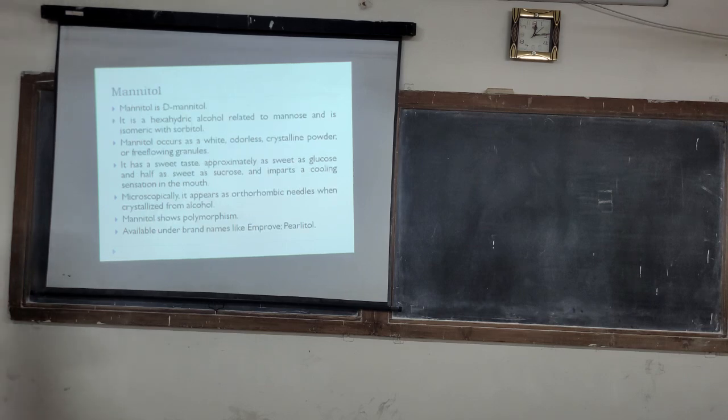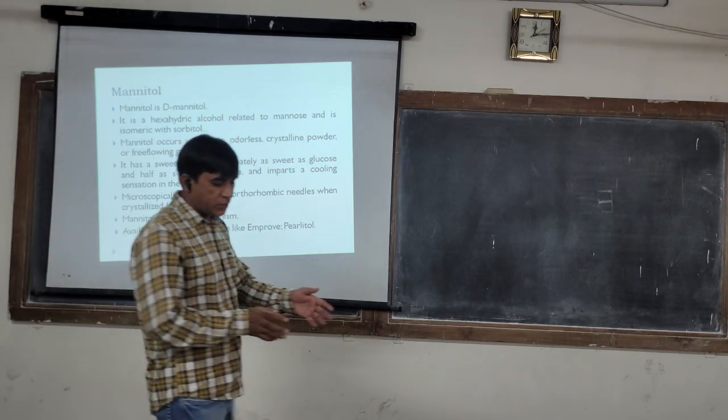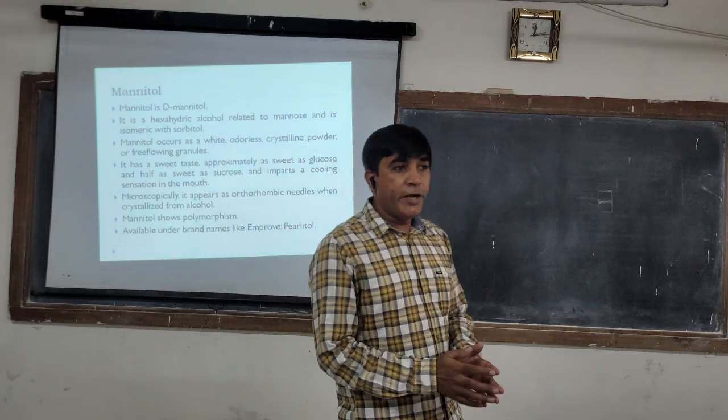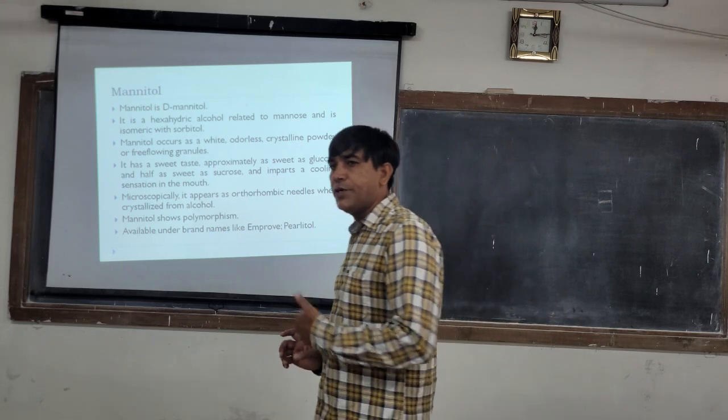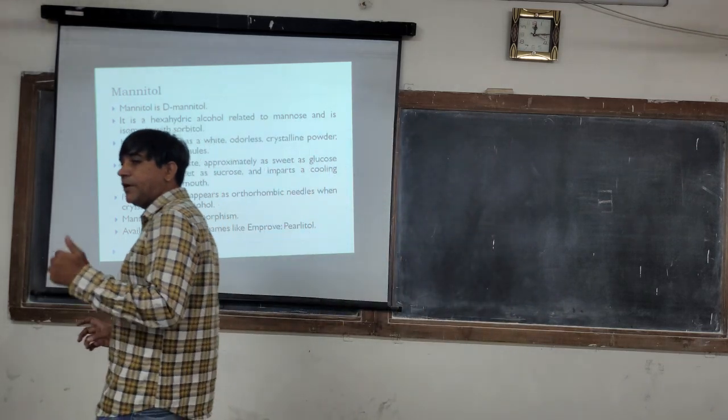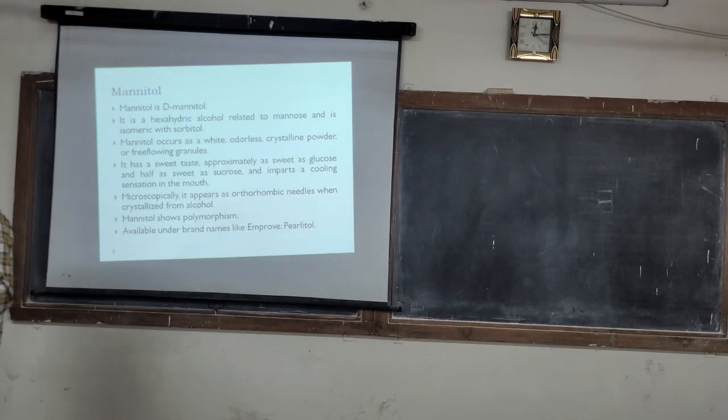Mannitol. Mannitol is D-mannitol, that is a dextro isomer. Mannitol is commonly preferred for chewable tablets, owing to its advantage that it is having negative heat of dissolution. When it dissolves, it absorbs the heat from the surrounding environment, and that's why it provides cooling sensation, and that is why it is used in chewable tablets.